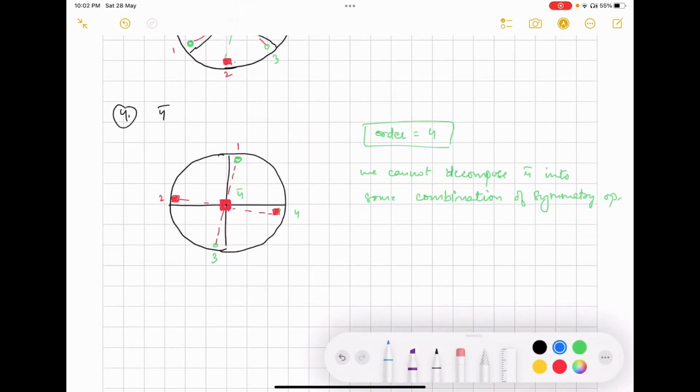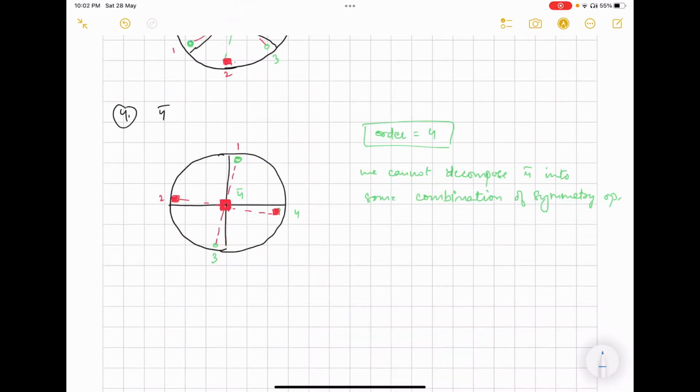So here we can also observe that 3 bar is more symmetric than 4 bar. Why so? Because the order of 3 bar is greater than the order of 4 bar.